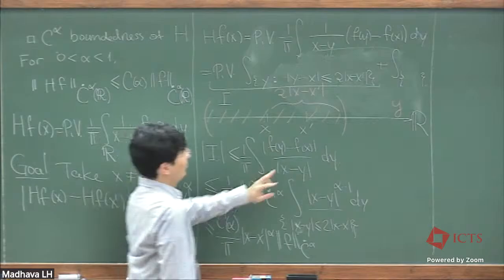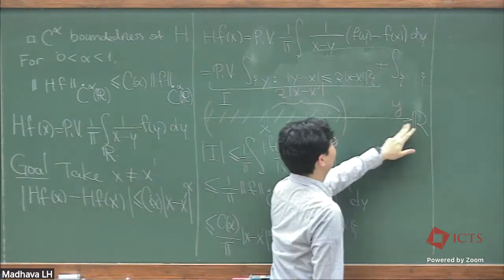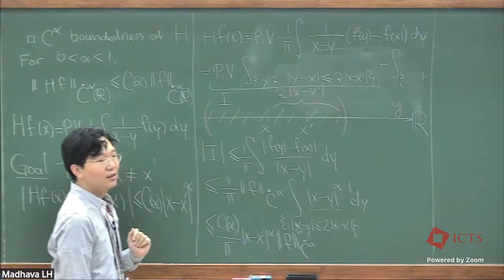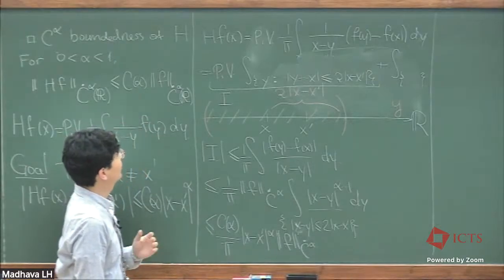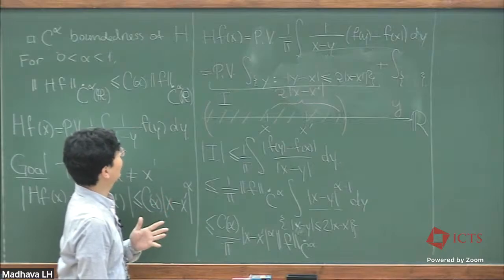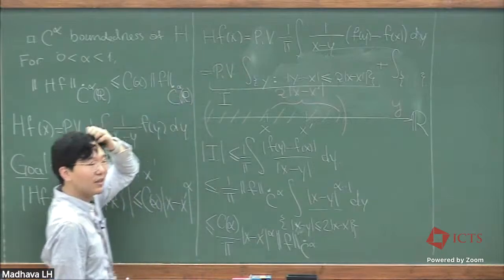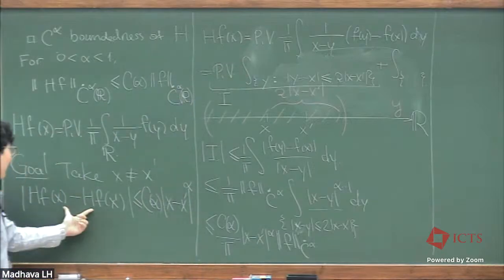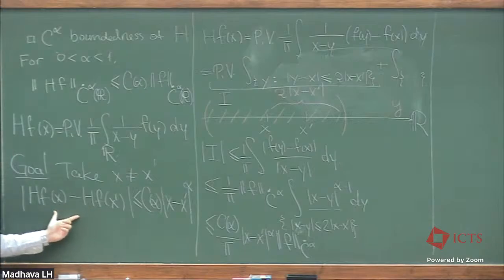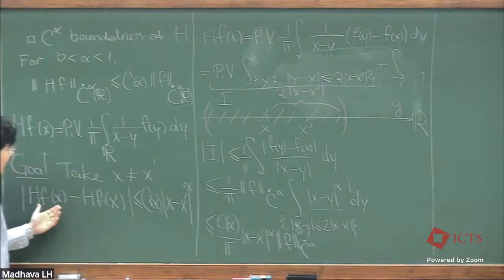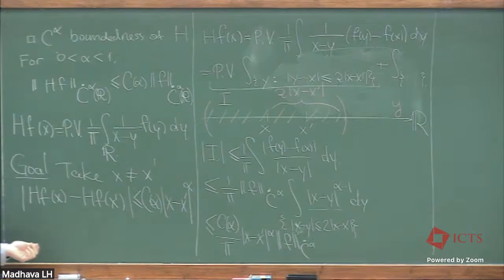So now we are left with this huge region here and there. There, we are going to subtract the corresponding integral for the Hilbert transform at x prime. Because we are estimating the difference, but the point in this local region is that we do not even need to use that we are taking a difference. We just bound the individual terms.